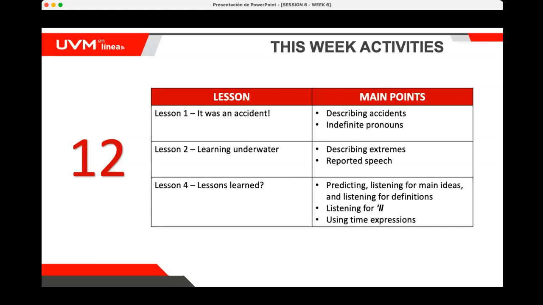And then in the second lesson, you learned another important issue, reported speech. I'm going to share with you another PDF in which you have reported speech in a more detailed manner, because in this case you have to be very careful with the reported speech structure. If you remember, in the reported speech section, they talked about the changes that you need to follow in the verbs of the direct speech.